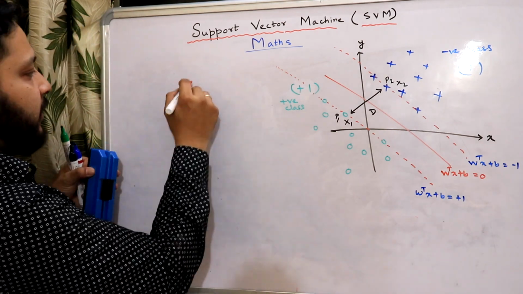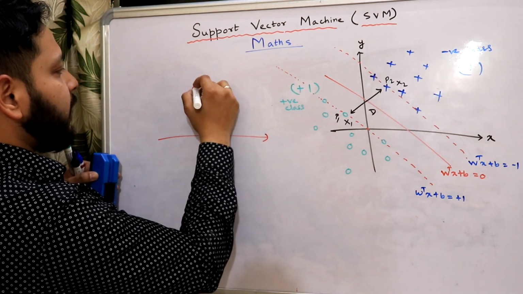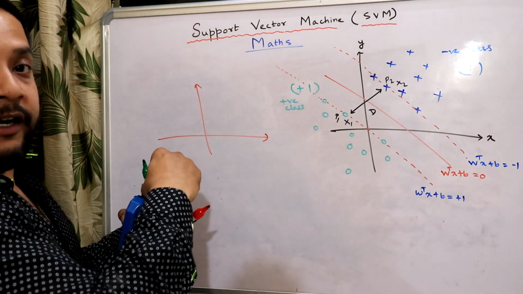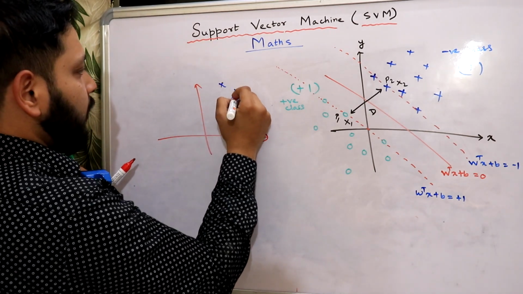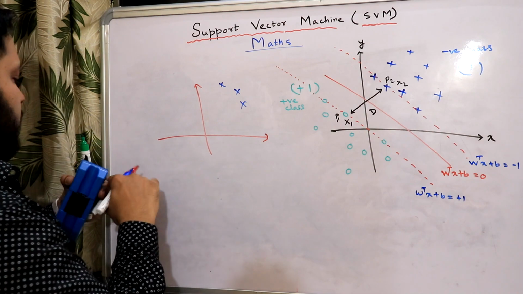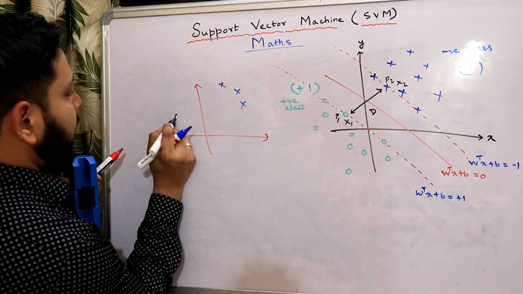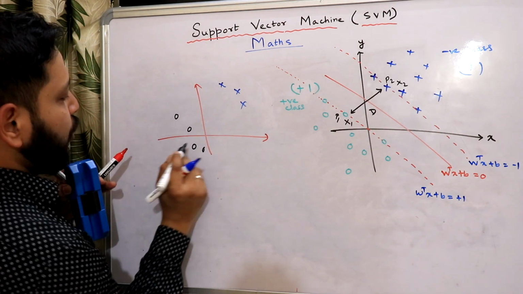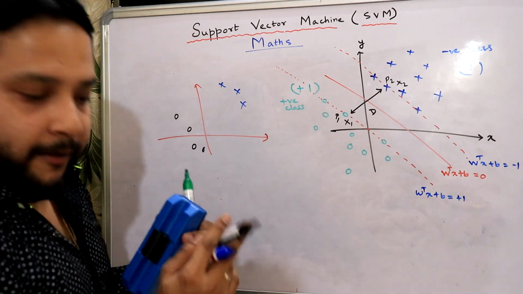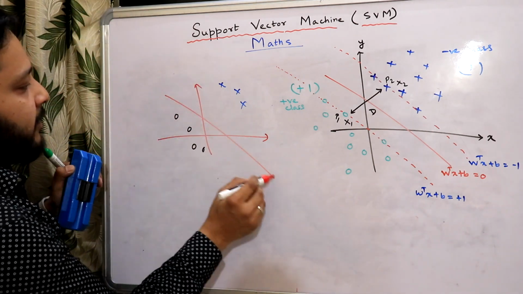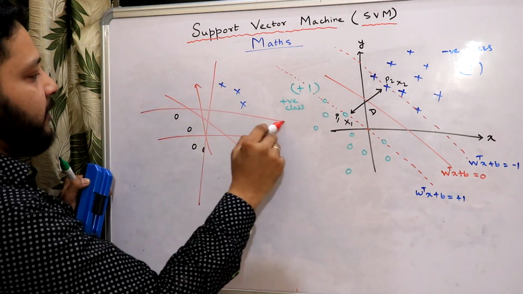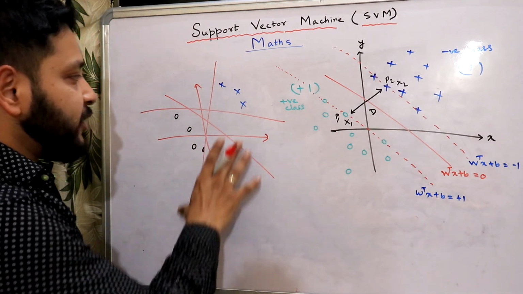I have already mentioned that if there are 2 different sets of points like this, we can draw several hyperplanes. This can be a hyperplane, this can be a hyperplane, this can be a hyperplane, which linearly separates these 2 sets of points.